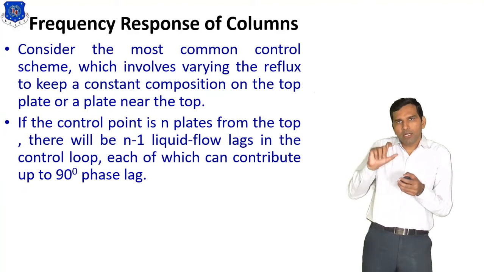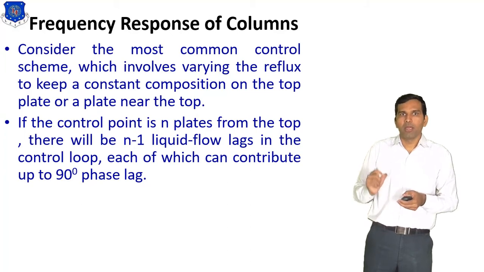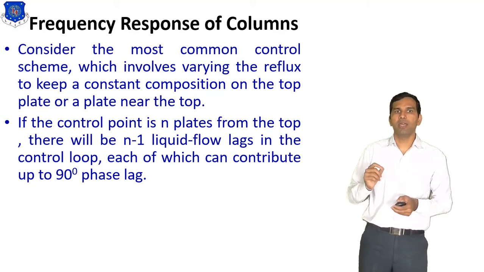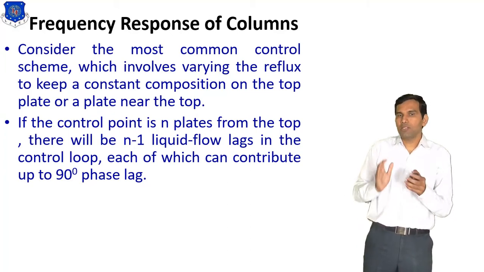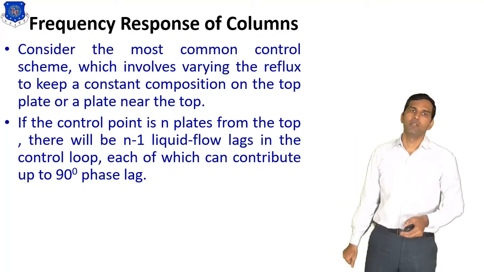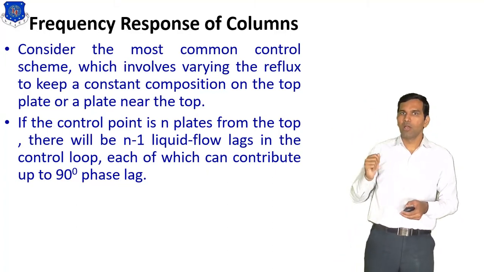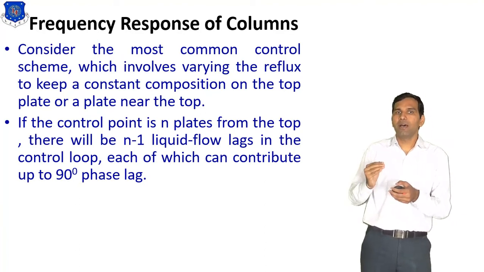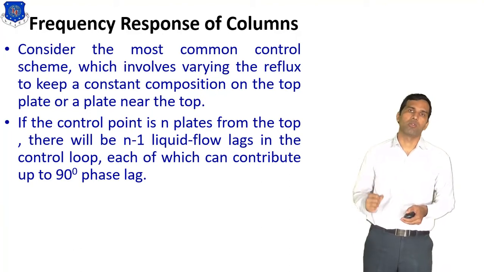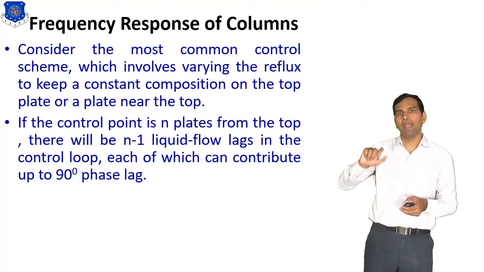If the control point is n plates from the top, there will be n-1 liquid flow lags in the control loop, each of which can contribute up to a 90-degree phase change.